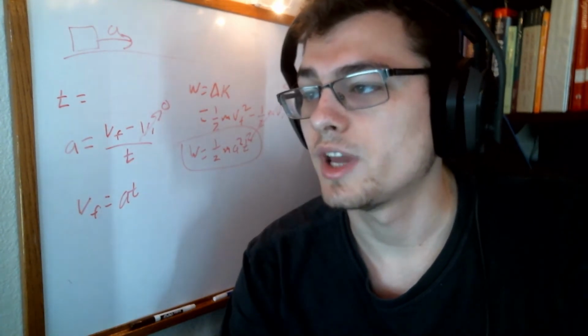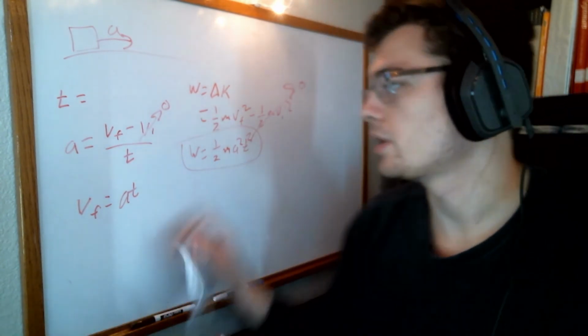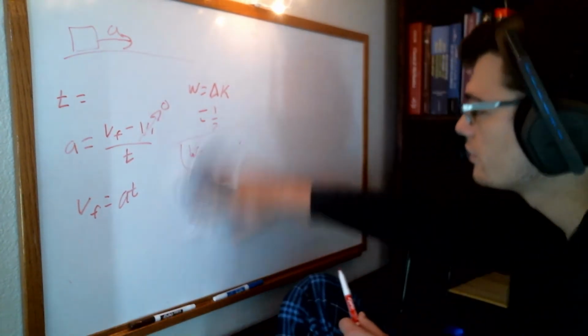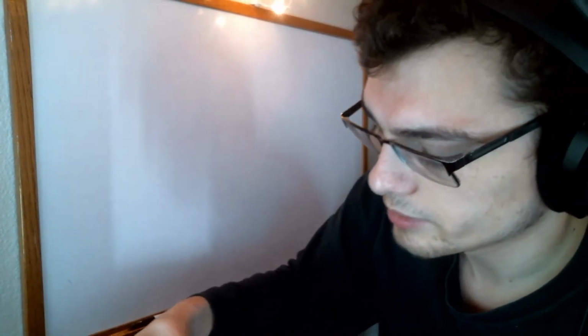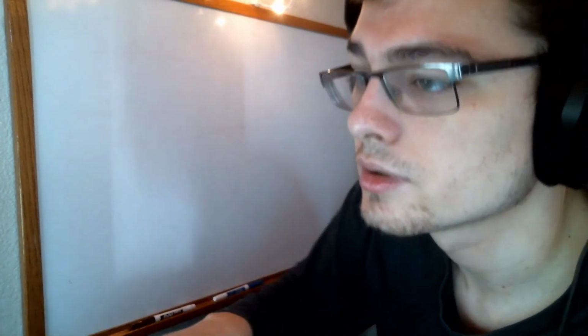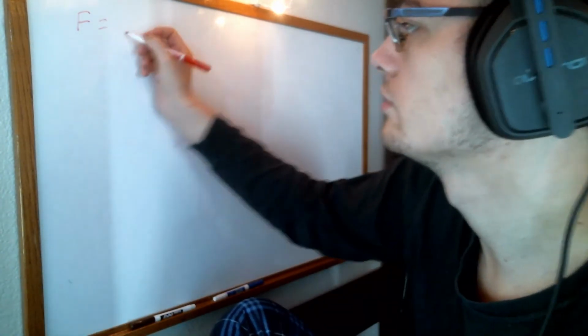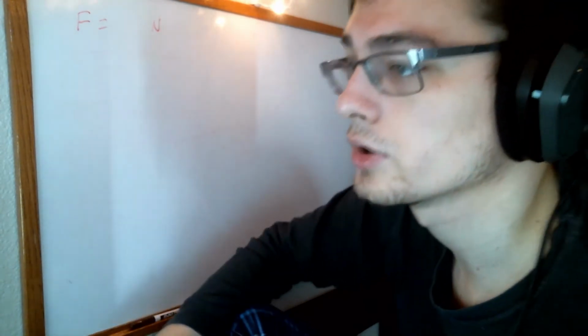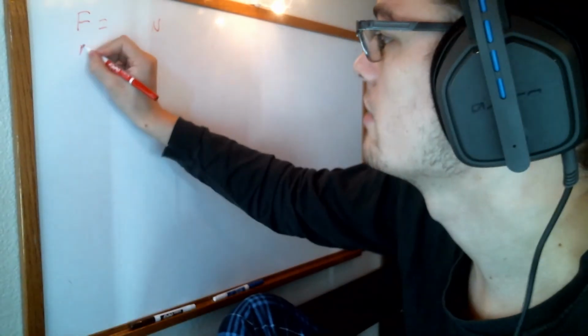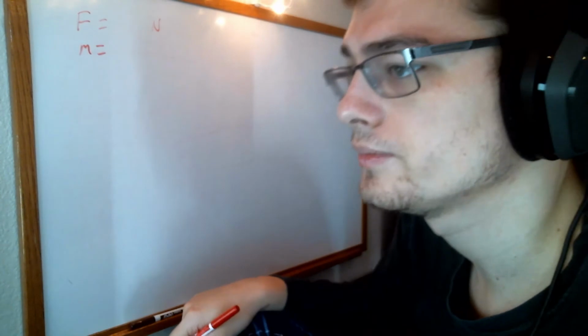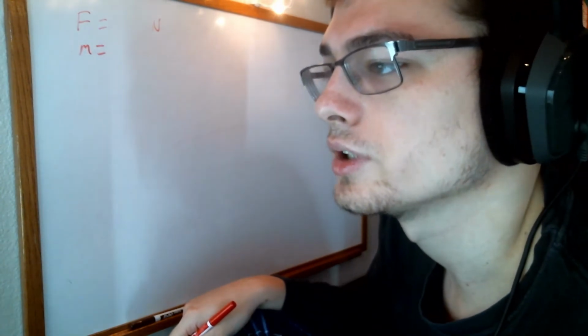Okay, so now we're talking about an airplane taking off. The airplane produces a certain thrust, and this force is going to be equal to some large number, and we have a very large mass as well.